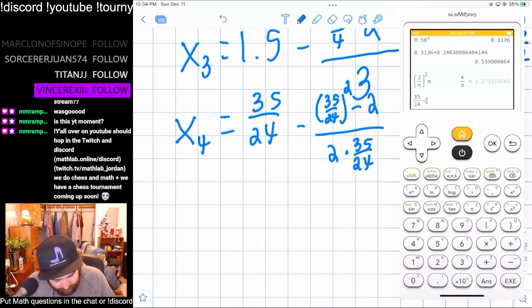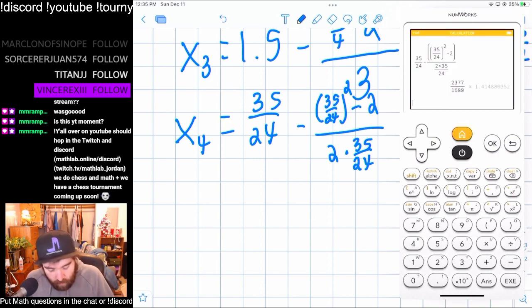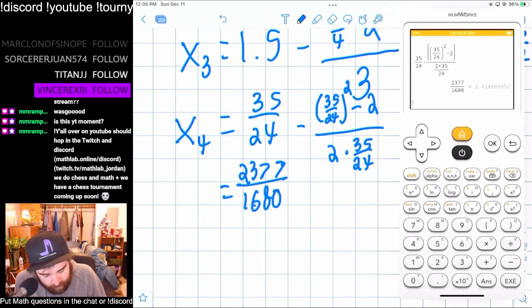So we need to double parenthesis that, because that's going to be 35 divided by 24, close parentheses, square it, minus 2, close parentheses, divide it by 2 times 35 divided by 24. That's equal to 2,377 divided by 1,680, so approximately 1.415.